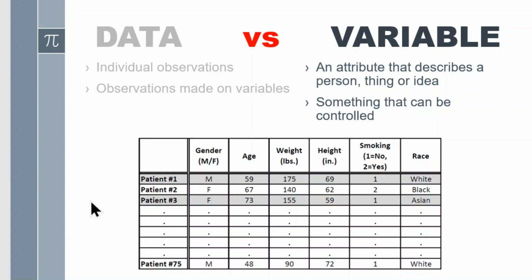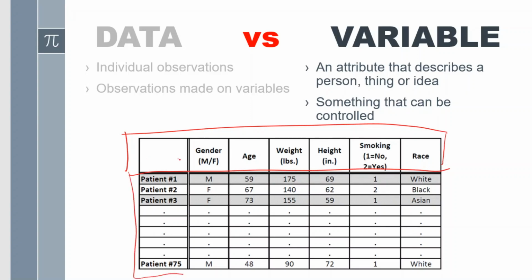So we have a table here. In our table, the upper portion, the gender, age, height, weight, and of course the patient numbers are your variables.